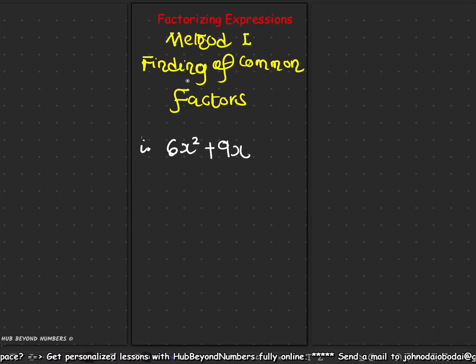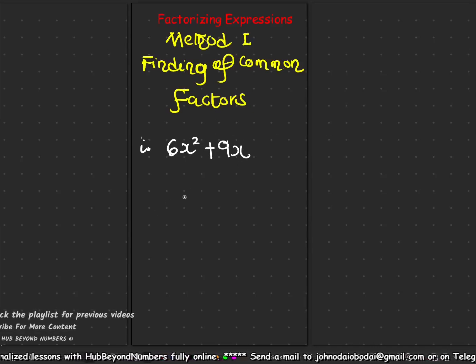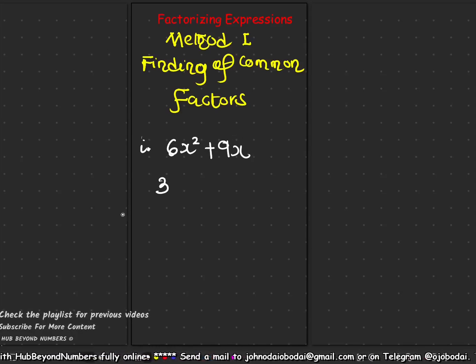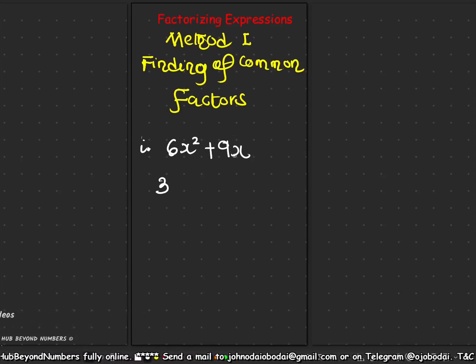So this first method, that is finding of common factors, we'll look at the numbers 6 and 9. What is their common factor? The common factor of 6 and 9 is certainly 3. Then we come to the variables. What is their common factor? Looking for the variables' common factor is very straightforward.